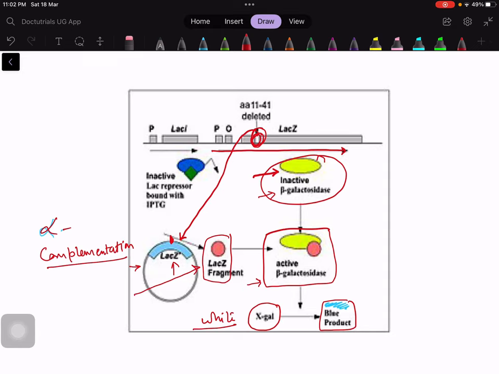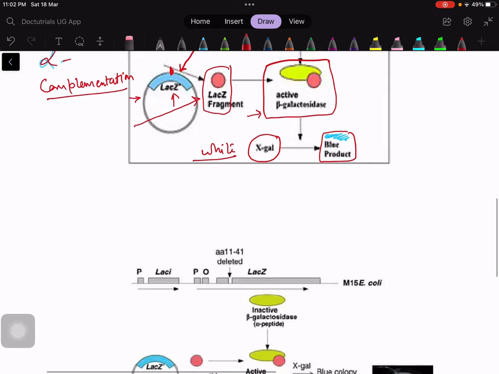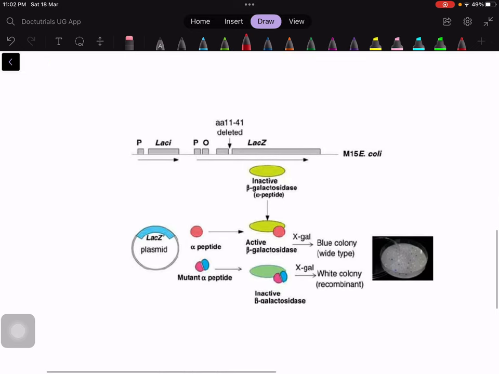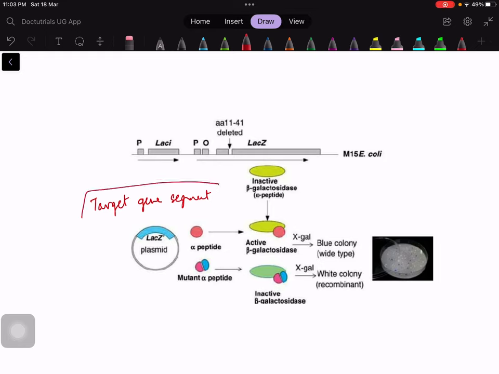The restriction site can be easily opened up using restriction enzymes. We open up this restriction site and use it to insert a target gene segment. When you want to do genetic engineering, we use this Lac Z in the plasmid and introduce a targeted segment.